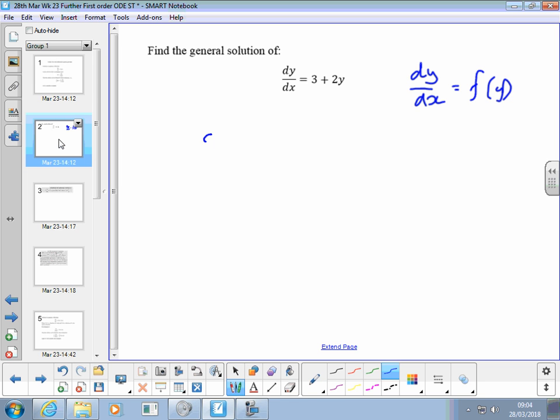If we take that function, we rearrange it so it's got x on its own, that's the first thing we're effectively doing.